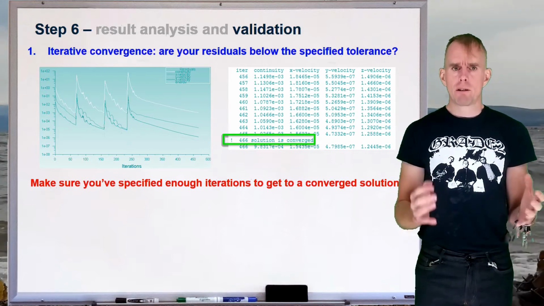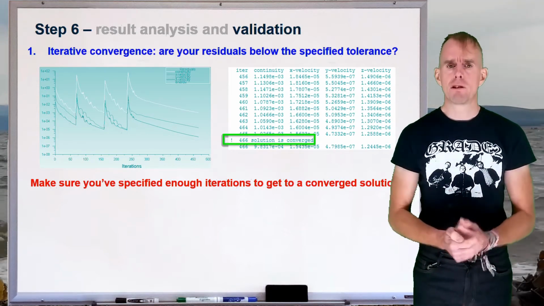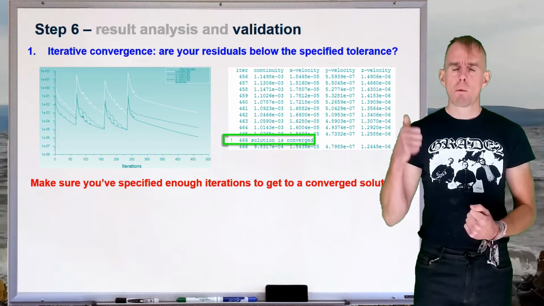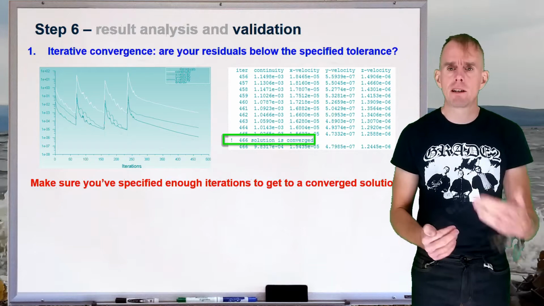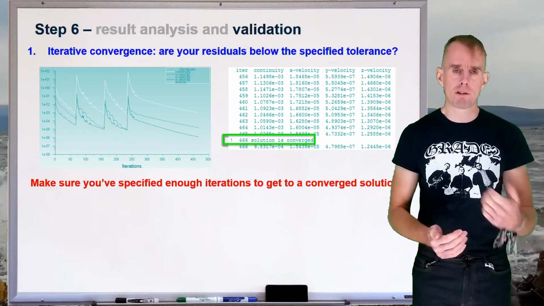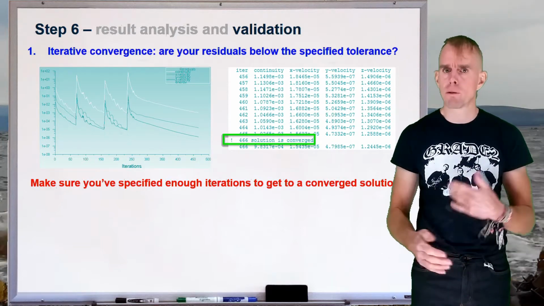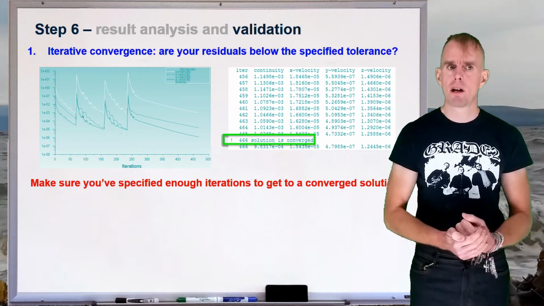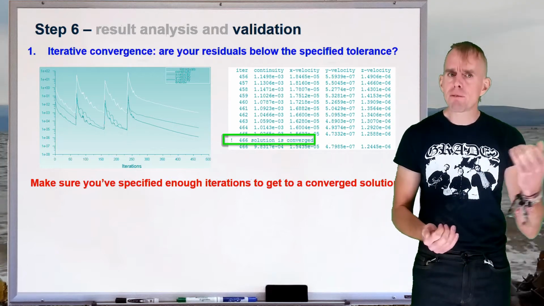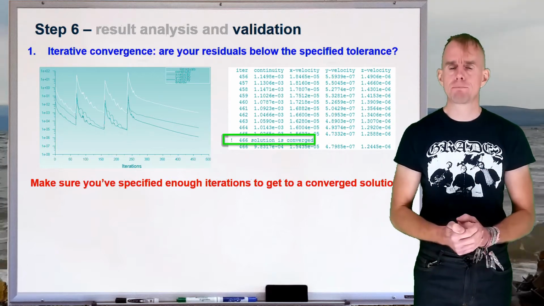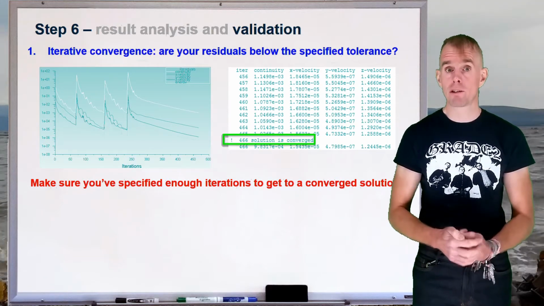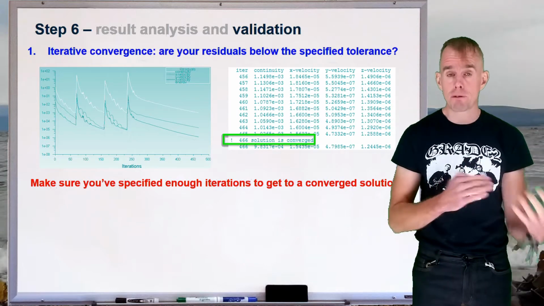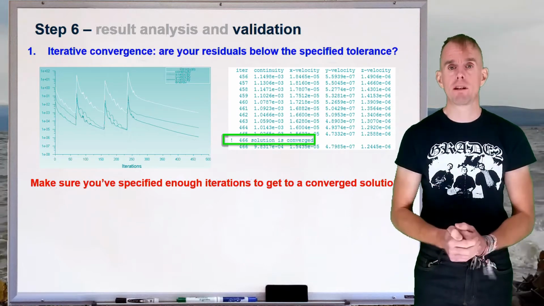More generally though, when we're thinking about iterative convergence, you should ask yourself the question, what is the effect of that convergence tolerance? The default setting is 10 to the minus 3 for velocities. It's 10 to the minus 5 or thereabouts for thermal parameters. Is that important? Does that affect the nature of the answer? Try reconverging at, say, 10 to the minus 5 tolerance for velocities and see if there's any discernible difference between the two sets of results.